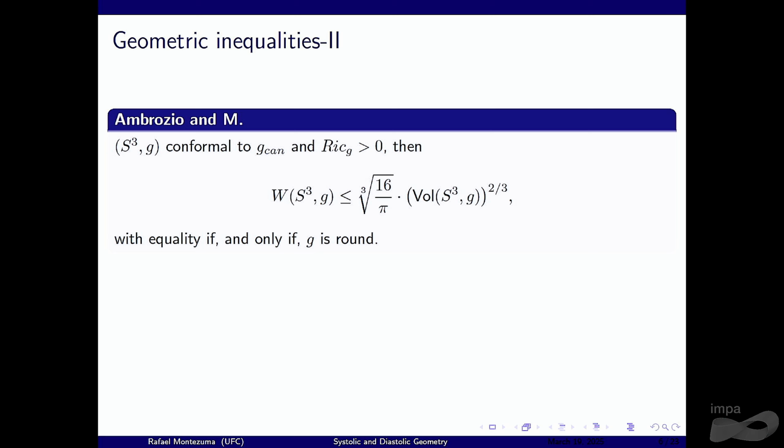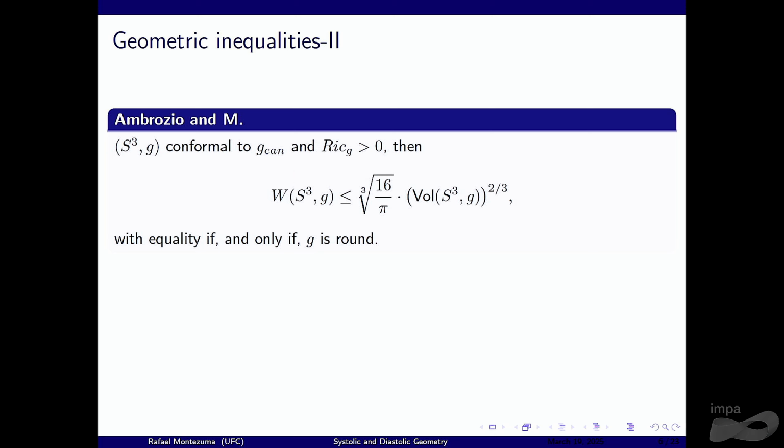And we noticed that you cannot do this in general because this quotient, if you divide the width by the volume to the right power, so it's scale invariant, is not bounded for all metrics on S3. For example, if you look at Berger spheres, it's not going to be bounded. But if you restrict yourself to metrics in the conformal class of the canonical metric, then we have this optimal inequality and rigidity, right?